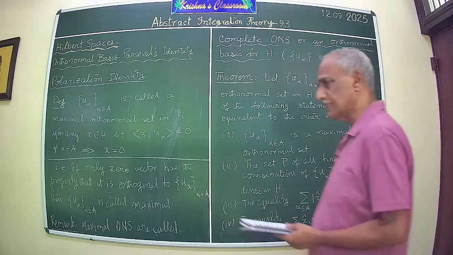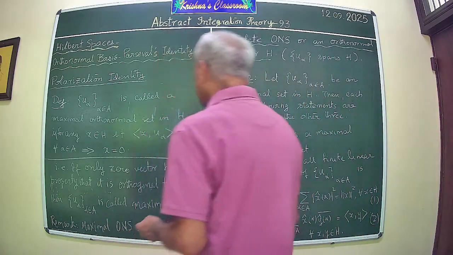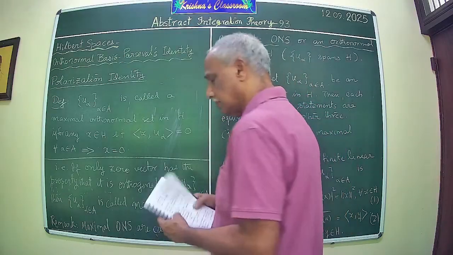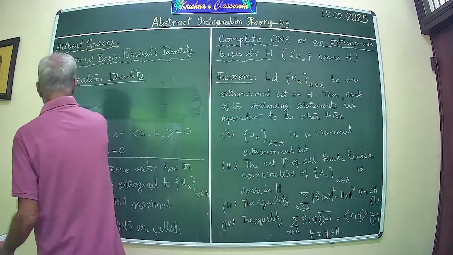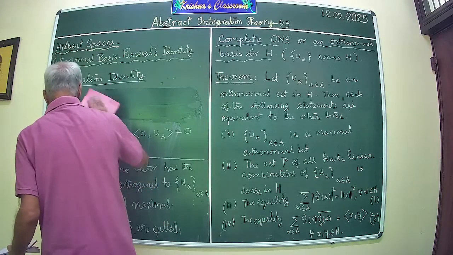Incidentally, what is x hat alpha is what are called the Fourier coefficients of f. I'll just write that.